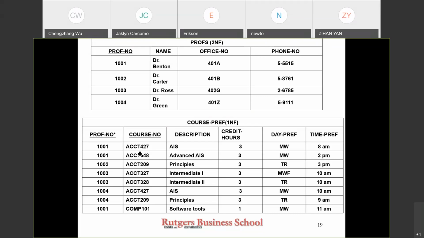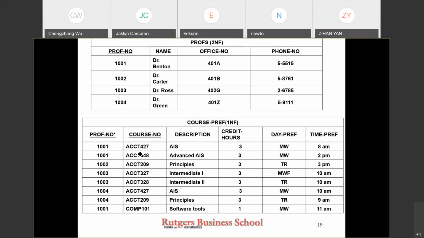Unless a professor indicates the preference for this course, it cannot be added because the primary key in the above table is a composite key of professor number and course number.